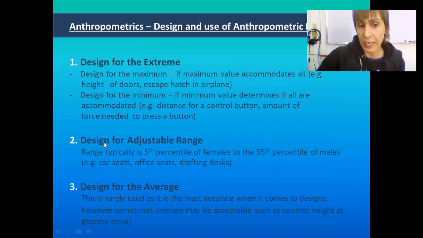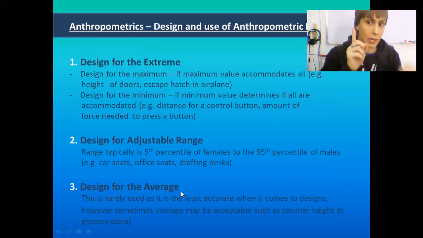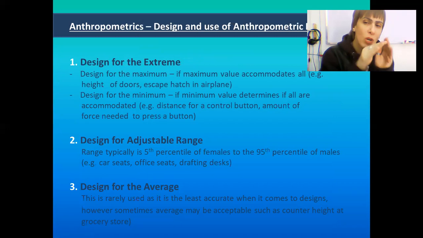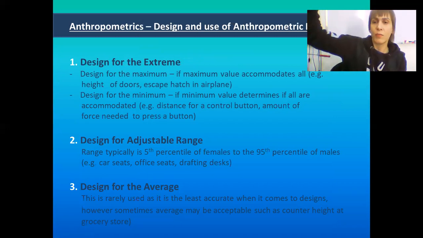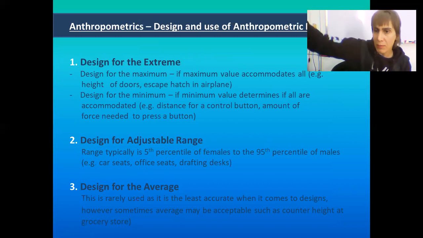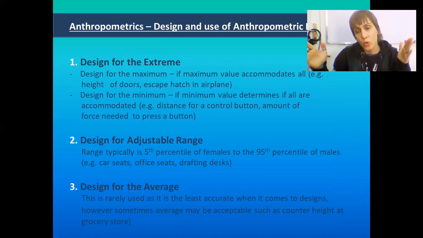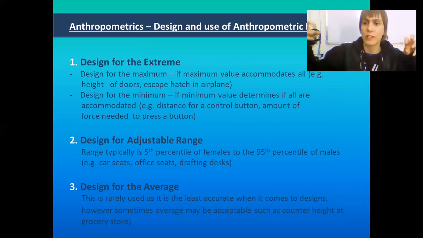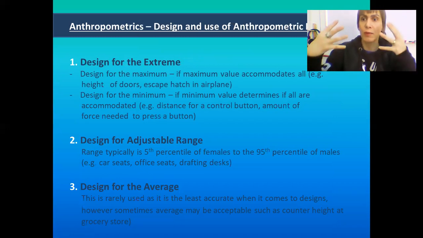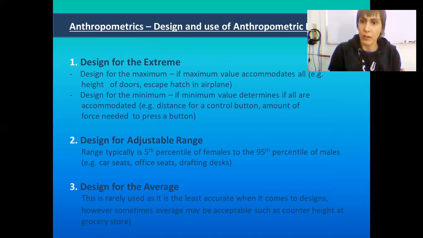If you were designing the seats of the car, also very important to be able to fit the smallest females and the largest males. So you take the extreme numbers. So this range from the smallest females to the largest males, all of them have to fit into this car seat.